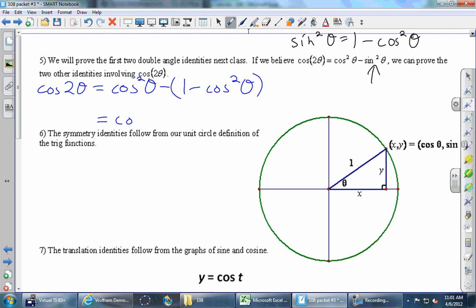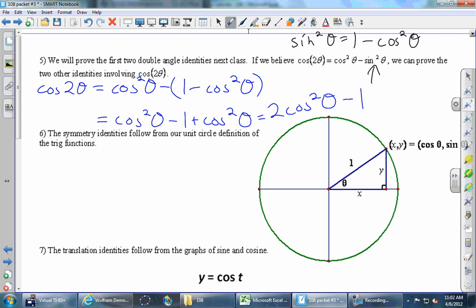Okay, this is equal to, let's see, cosine squared theta minus 1 plus cosine squared theta. Distribute that minus sign. And if we combine, we get what? 2 cosine squared theta minus 1.